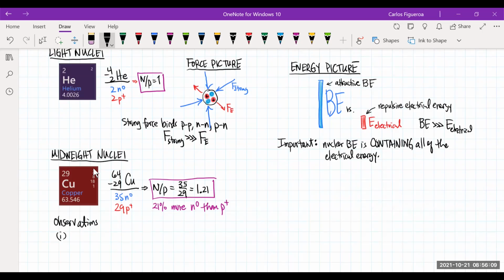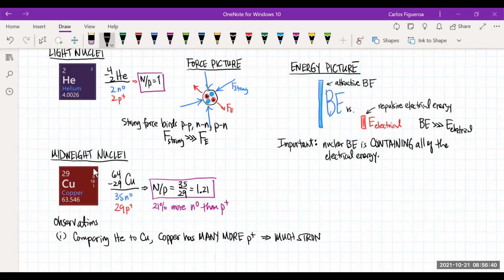The first thing I would say is that comparing helium to copper, copper has many more protons.